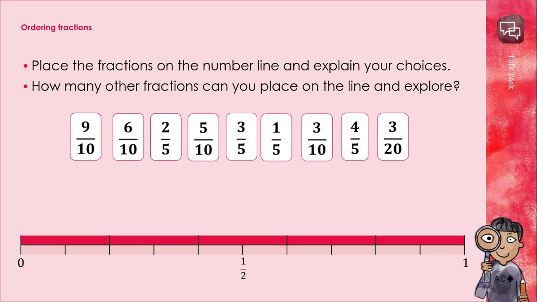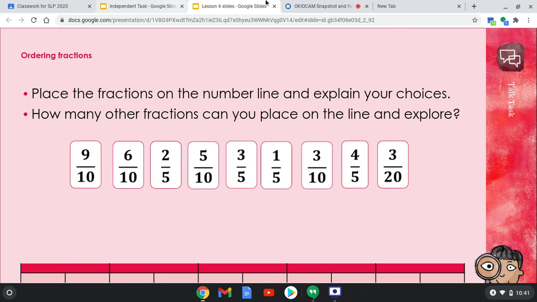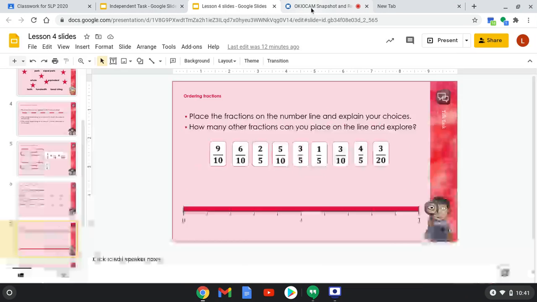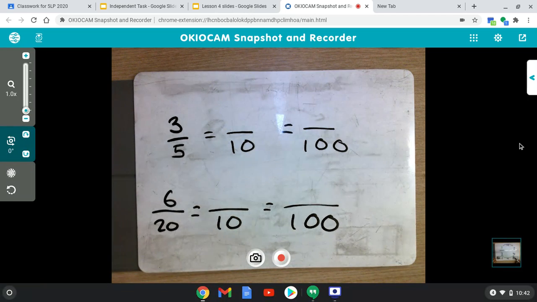Okay, here is a little bit of another thinking task or talk task for you to do. Now, what I want to do first is try and do something which I'm hoping is going to help us understand this a little bit easier.